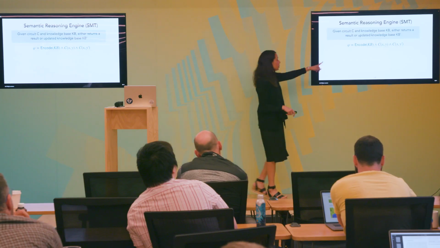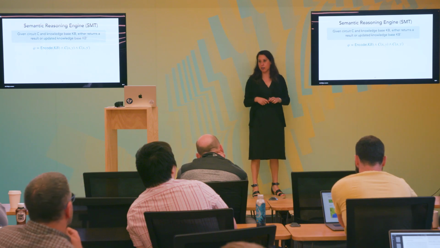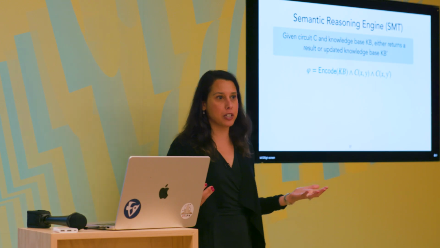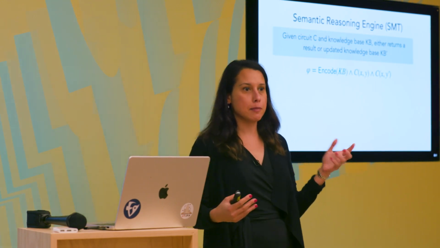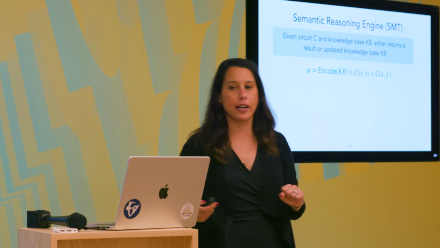So we have 1 copy of the circuit over output variables y, and another copy over a different set of output variables y prime. And note that they all share the same x because we're trying to reason about what happens if they have the same input x, can they have different outputs y and y prime.